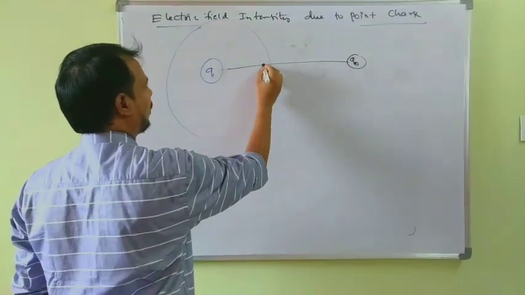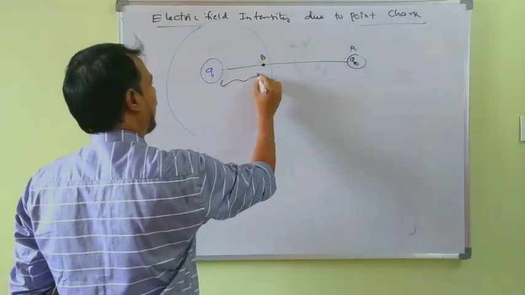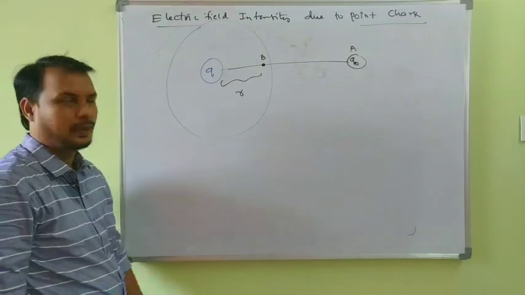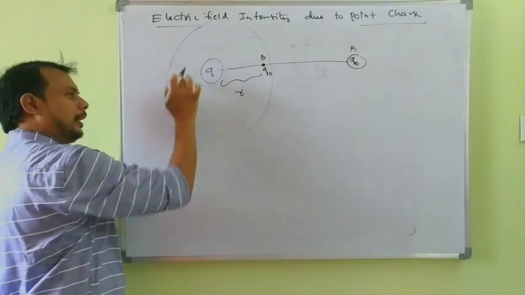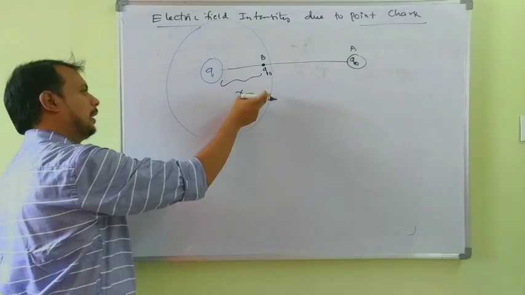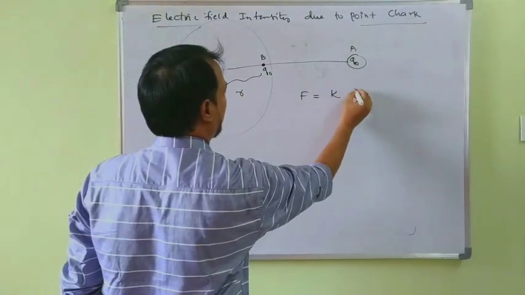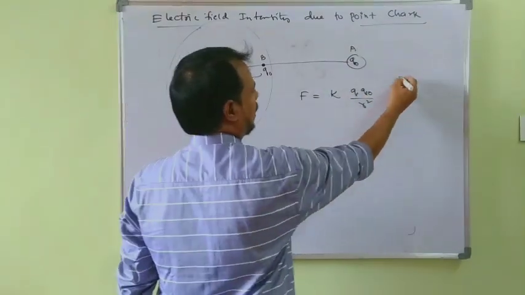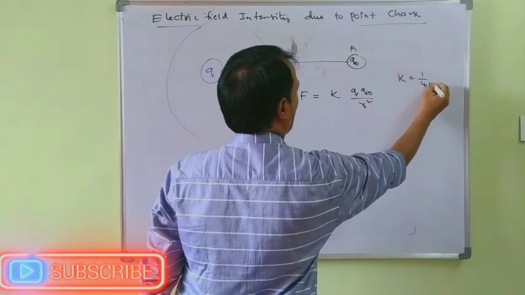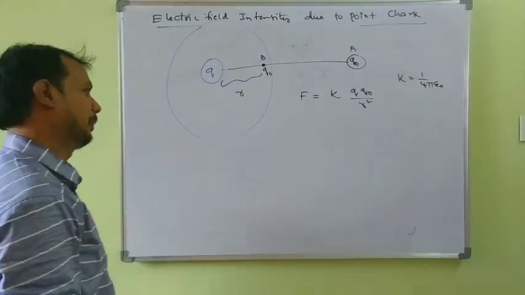Let us say you kept this Q naught at a distance R. Now it is in the electric field, so it experiences an electrostatic force. F equals K Q Q naught by R square, where K is 1 by 4 pi epsilon naught, and epsilon naught is the permittivity of free space.